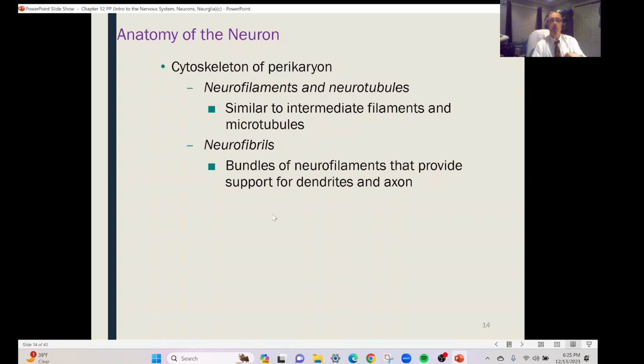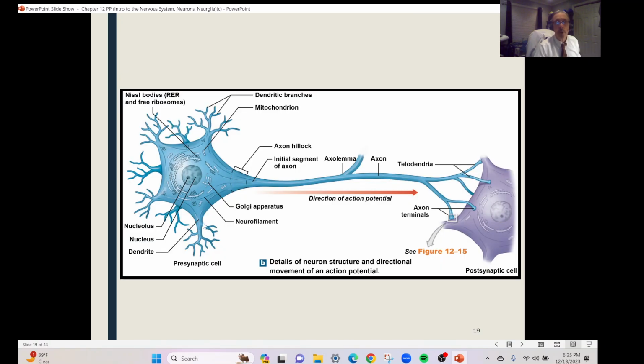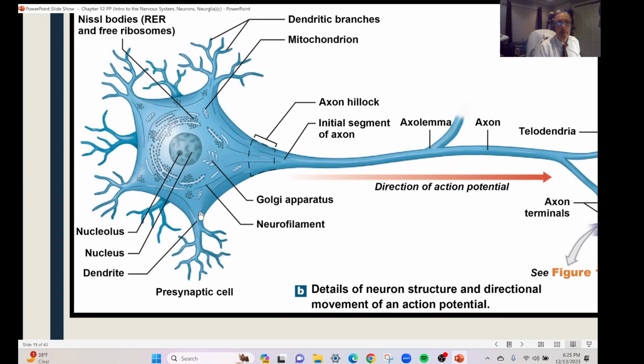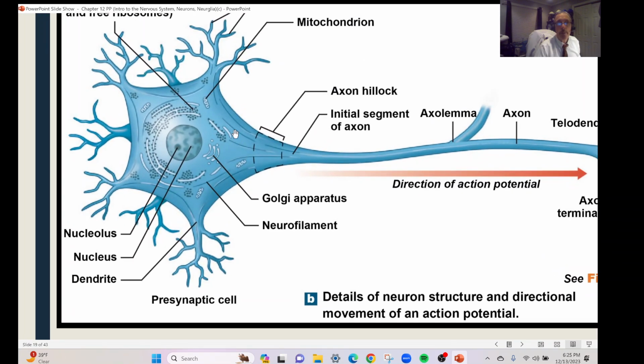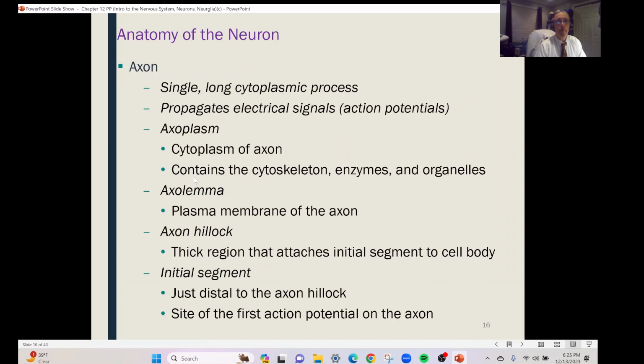And they help to support the neuron, especially the dendrites, which are sticking out, and the axon. So they're functioning just like a regular cytoskeleton in a typical cell. Going back to this picture here for a moment, you can see some of these fibers here. Okay, these fibers in here, those are going to be the cytoskeleton.